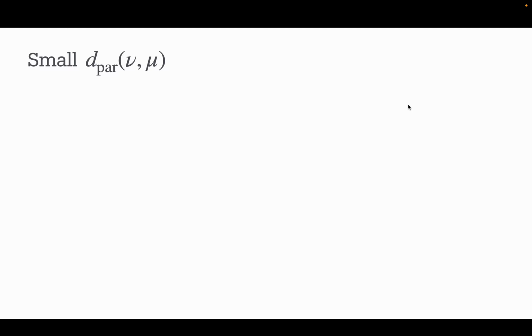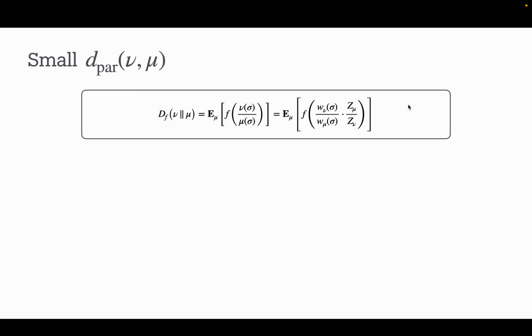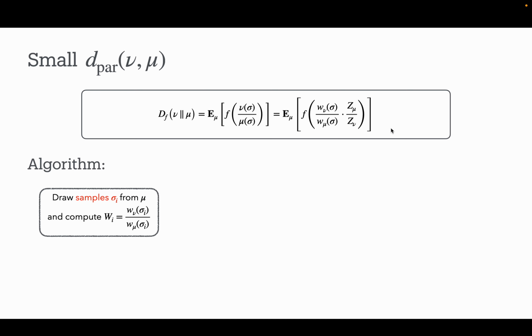And for the two cases, we give the estimators separately. When the parameter distance is small, the f-divergence can be written as below, which is the expectation under μ of f of the weight function w times the ratio of partition functions Z. Our algorithm draws samples from μ and computes the weight function values of the samples.